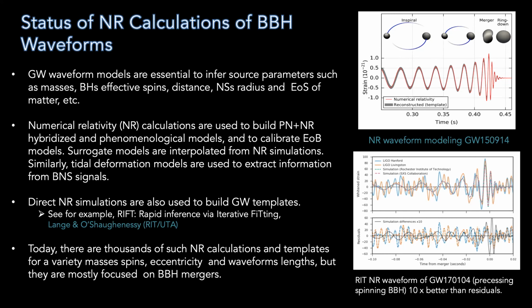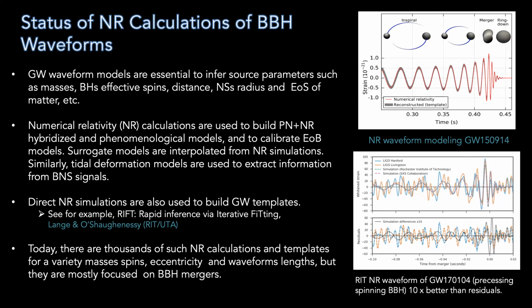There are templates that are also being built using directly numerical relativity calculations. So today we have about 1,000 of such calculation templates, with a variety of spins, masses, eccentricity, and waveform length. Mostly focused on binary black hole mergers, but they seem to be fairly sufficient to do the science that we can do today with the observations.